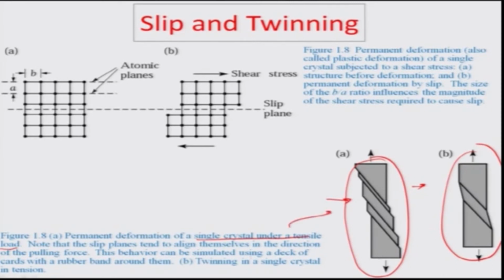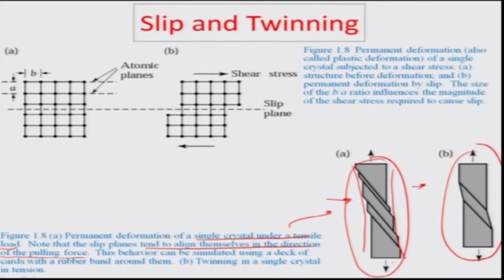The slip planes tend to align themselves in the direction of the pulling force, so that there is generally a reduction in the cross sectional area as you pull the specimen. Okay. So, that is how you can envision how slip helps in the overall longitudinal extension process.